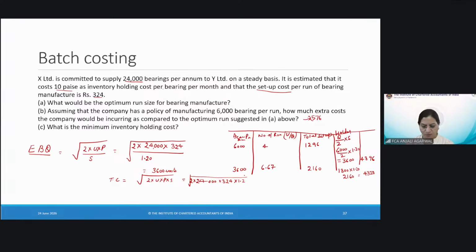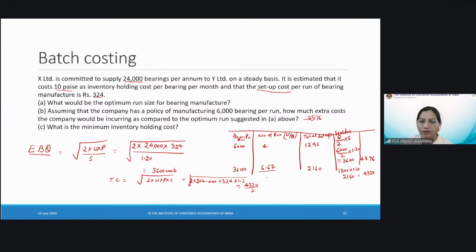The square root of that is 4,320. And when you have calculated the total relevant cost using this formula, you can divide it by 2 to find out what will be the setup cost and what will be the holding cost.